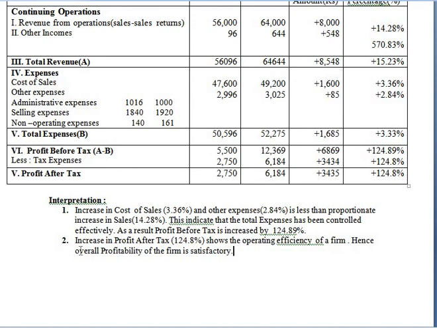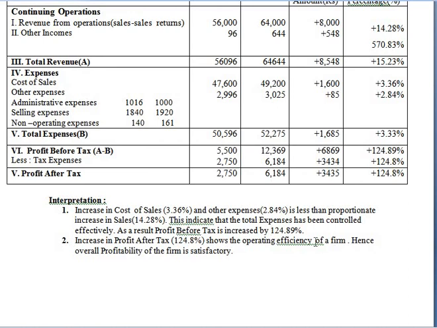Okay. So what is the first interpretation? Increase in cost of sales and other expenses is less than the proportionate increase in sales. Here you can see the sales amount has increased in the year 2019, and as compared to sales there is a proportionately less increase in the total expenses, that is cost of sales and other expenses, which indicates that the total expenses have been controlled effectively, and as a result profit before tax is increased by 124.89%.